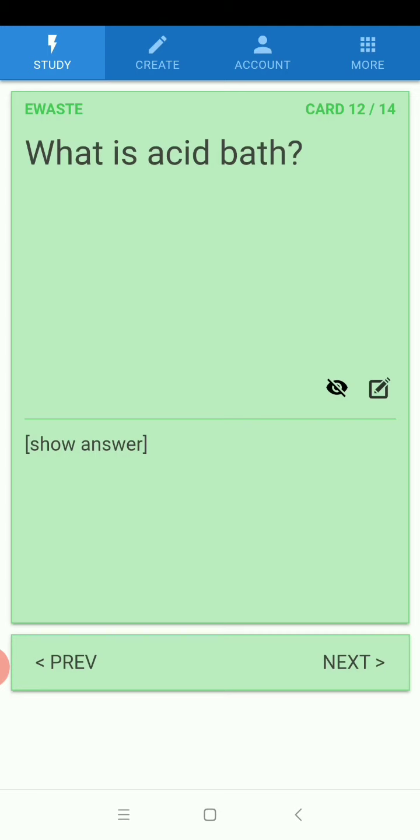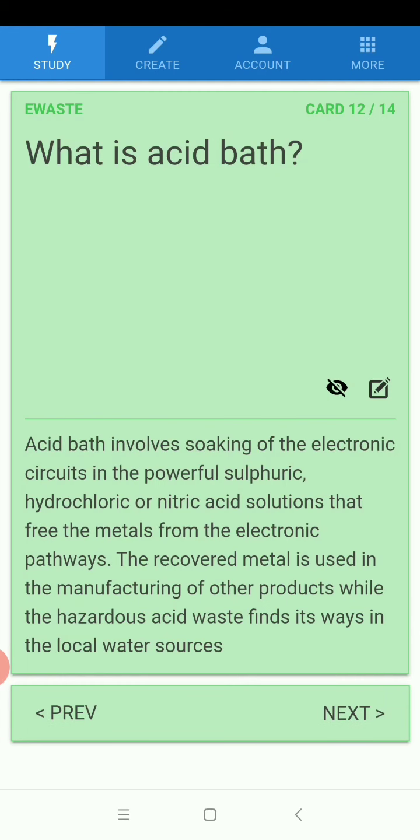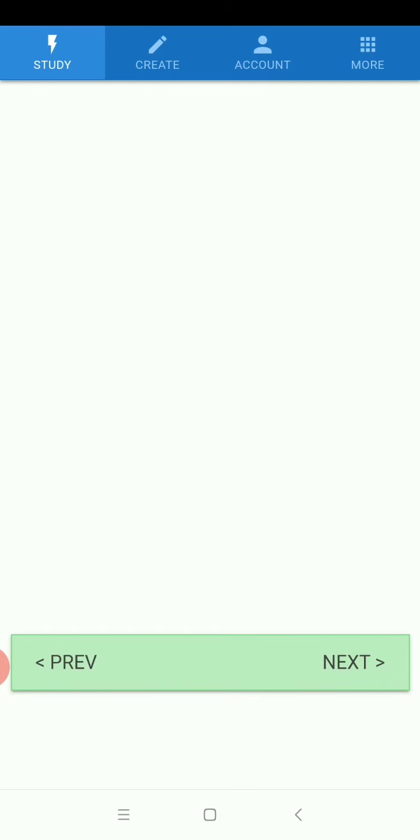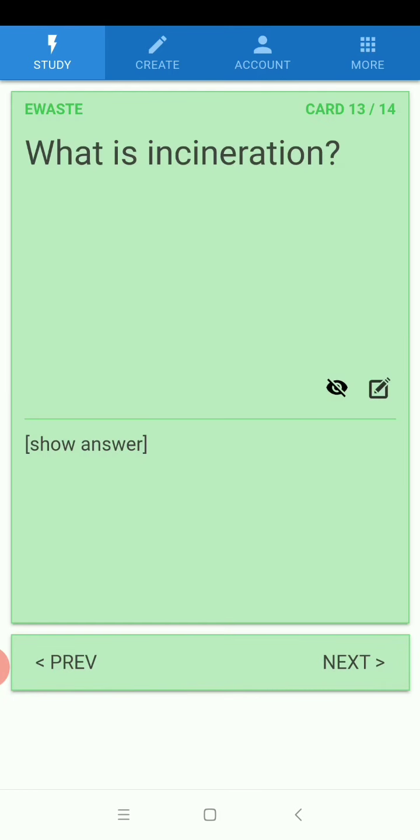Next is, what is acid bath? In acid bath, various electrical and electronic circuits are soaked into various acid solutions which help in separating the metals from e-waste. Next is, what is incineration?